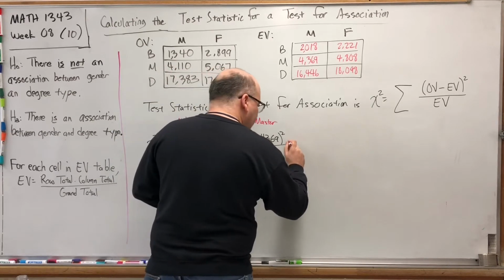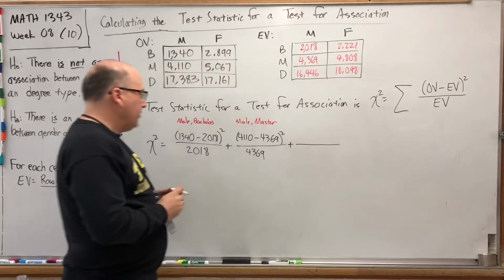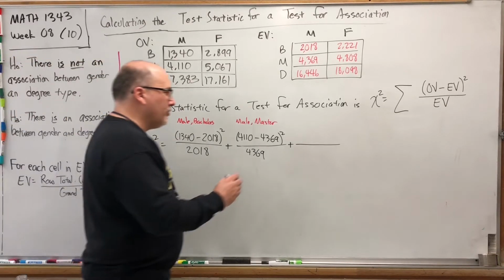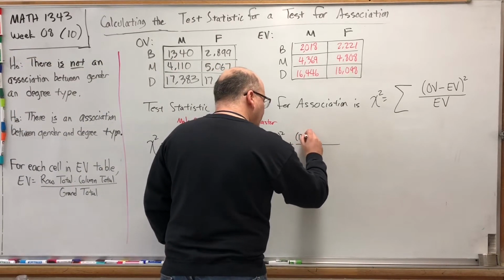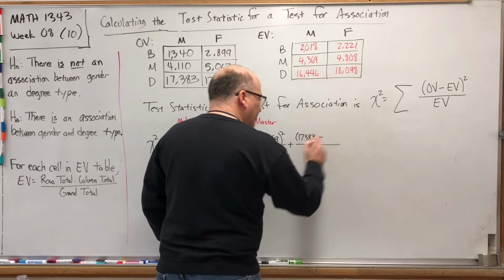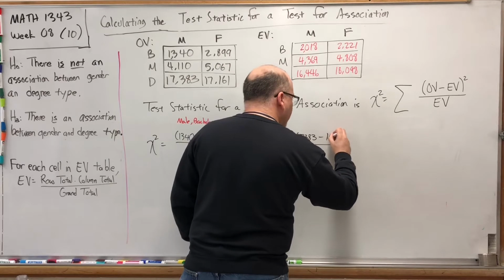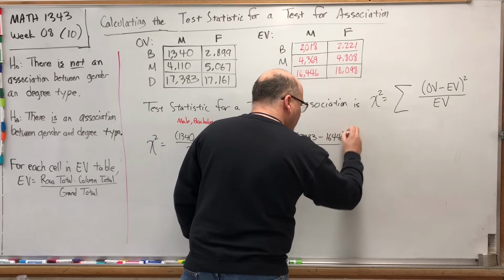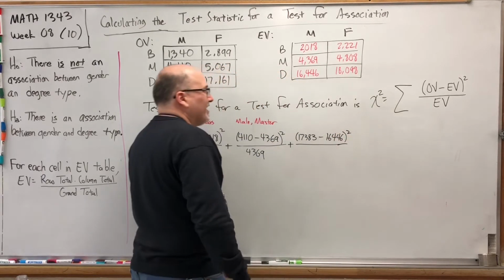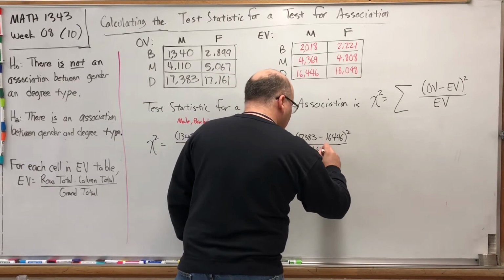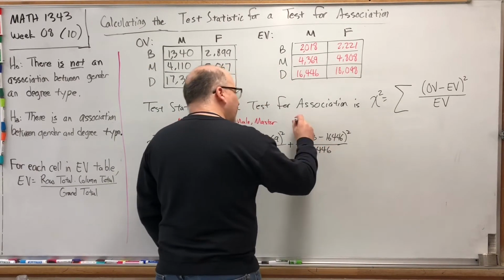And then, same thing for male doctorate, 17,383 is what we observed, minus what we expected was 16,446, squared, and then that gets compared to what we expected, 16,446. So this is male doctorate.